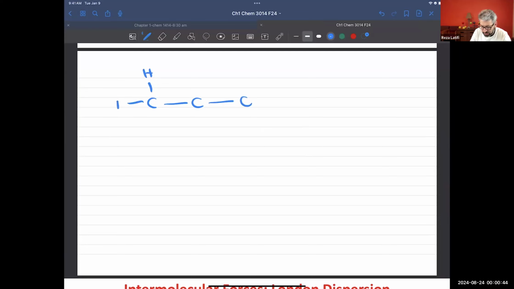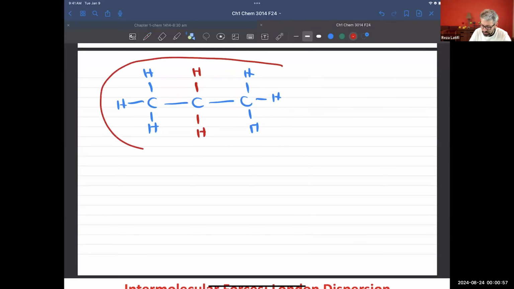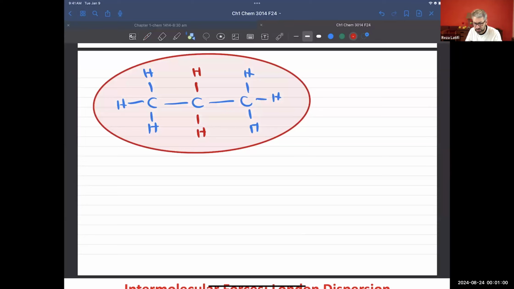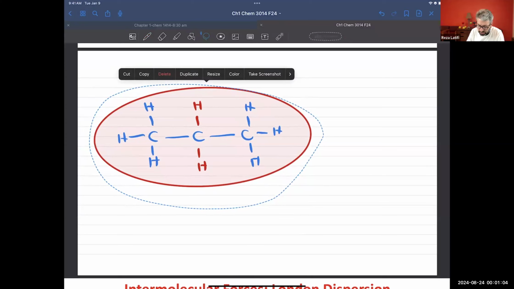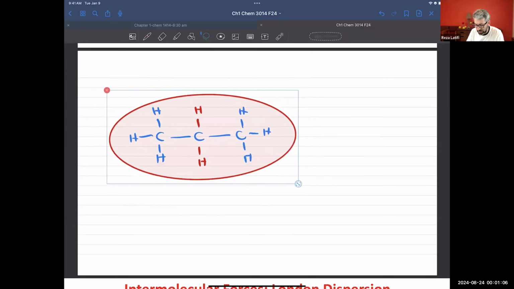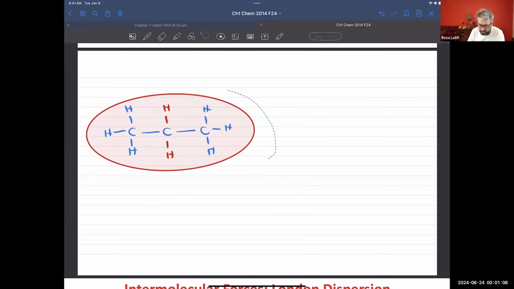The terminal carbons have 3 hydrogens, and the one in the middle has 2 hydrogens. Now I'm going to draw this shape around it. So let's say this one is moving and collides with another molecule. What will happen if we get a collision between them?